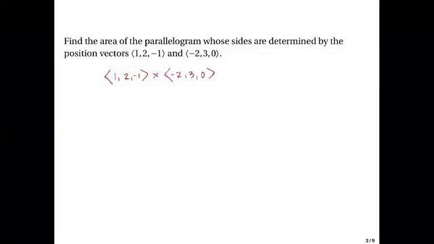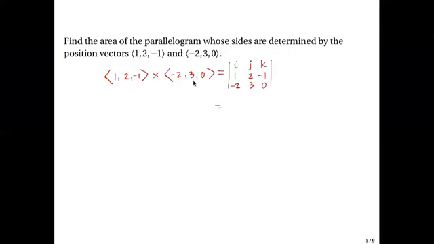So you can do the determinant of the 3 by 3 matrix whose first row is i, j, k, second row is the first factor, 1, 2, -1, and the third row is the second factor, -2, 3, 0.